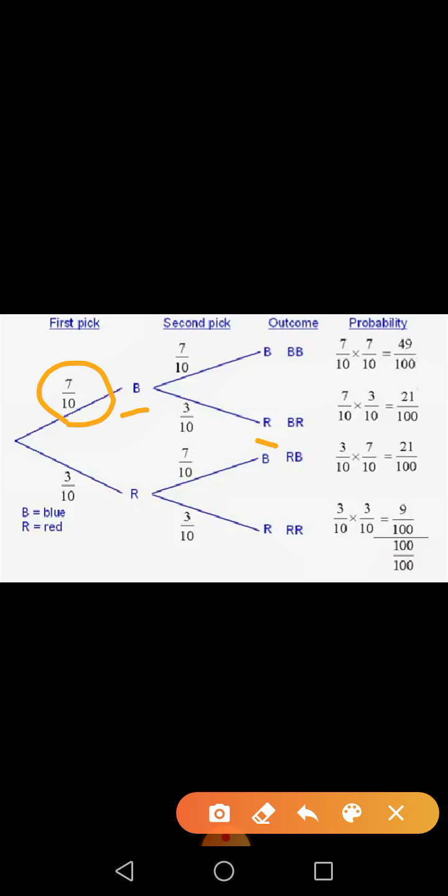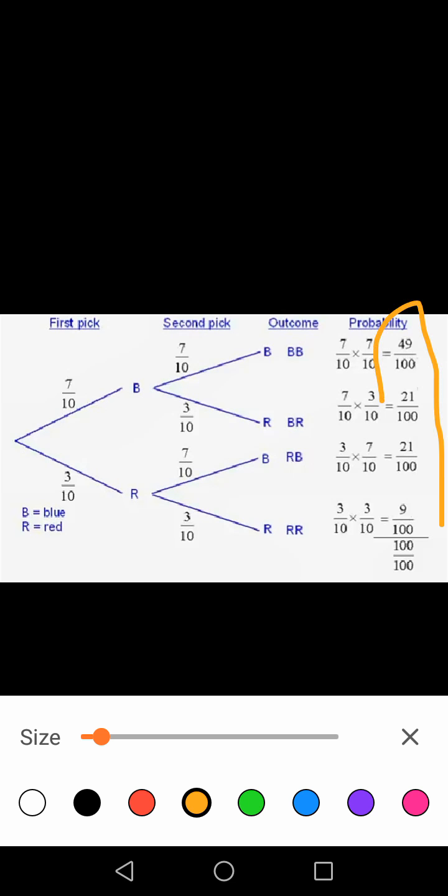I will multiply this number times this number to get the answer. The third outcome, red, then blue: 3 over 10 times 7 over 10. The last one, red, red. Multiply the two probabilities to get the total.